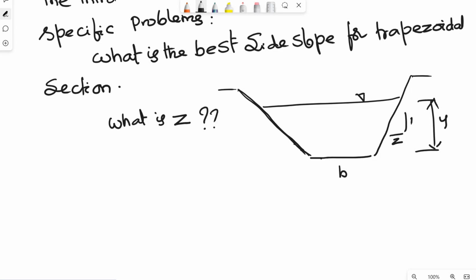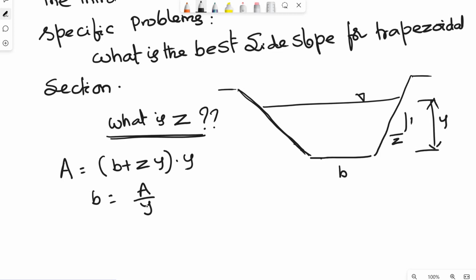This is the question, right? So now, again, when you are finding this out, you can start and do the derivation. A is equal to (B plus zy) into y, or B is equal to A by y minus zy. P is equal to, we already know, B plus 2y into square root of z square plus 1, like regular.